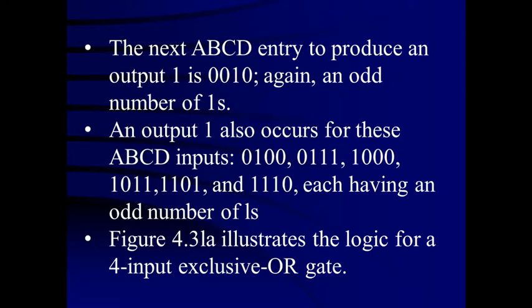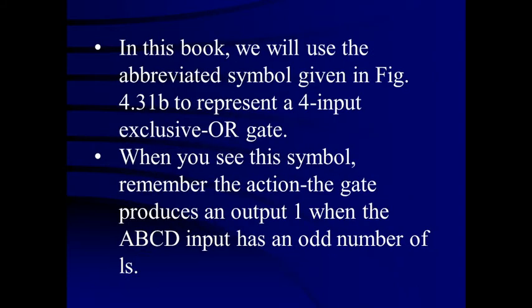Figure 4.31a illustrates the logic for the 4 input exclusive OR gate. In this book, we will use this abbreviated symbol given in figure 4.31b to represent a 4 input exclusive OR gate. When you see this symbol, remember the action of the gate: it produces an output 1 when ABCD input has odd number of ones.